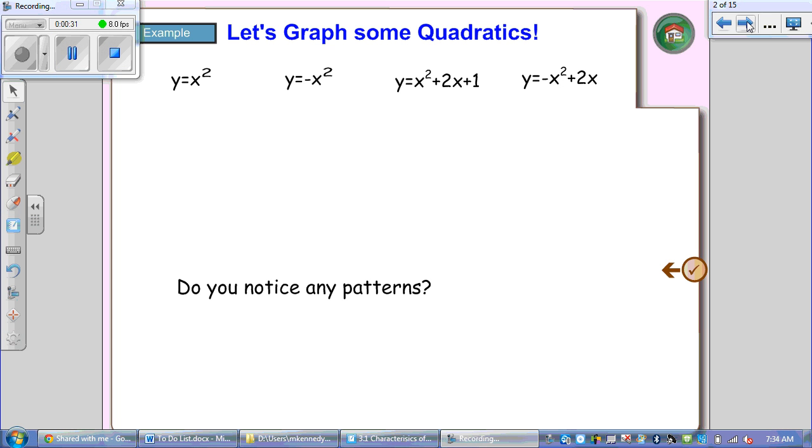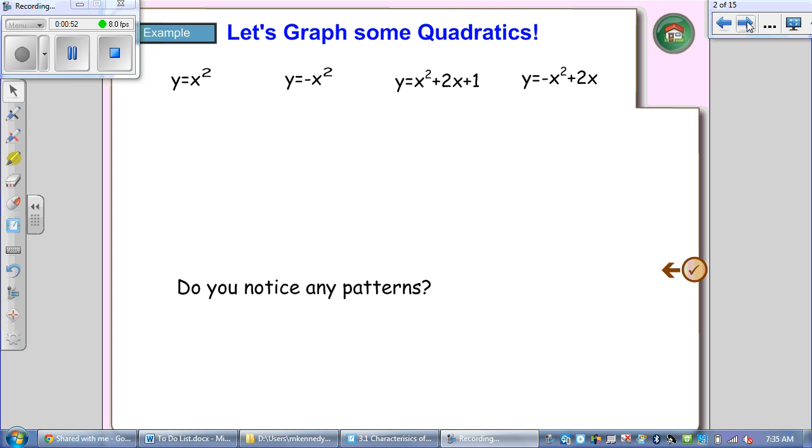So, the very first thing we need to do is get used to graphing things in our calculator. So let's try graphing these four equations. If you go into your calculator, hit y equals, and you're going to have a whole bunch of y1, y2, and whatnot. What you need to do is graph the first one and then sketch the graph.